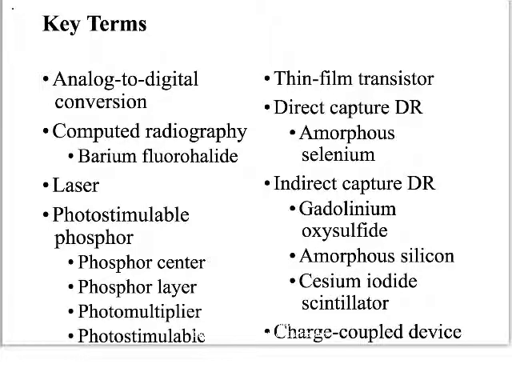So I wanted to put that both on the same slide because each one of these terms are super loaded terms. These are kind of the high dollar terms. Go ahead and recognize that if we're talking about direct capture, we're talking about amorphous selenium. If we're talking about indirect capture, we're talking about amorphous silicon. And I'll try to give us some mnemonics and things to remember that.